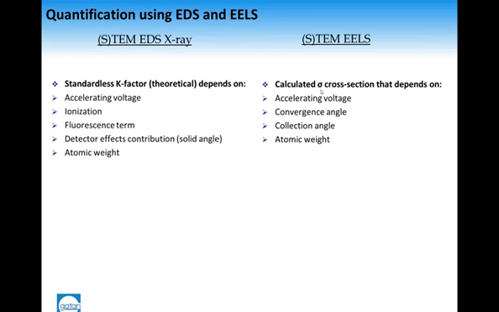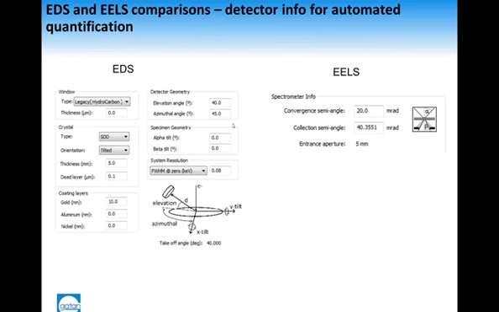So it actually depends on fewer factors than the K factor in EDS. So these are the screenshots of what we need from Digital Micrograph. It's basically the information that we need to import in order to do quantification using EDS.